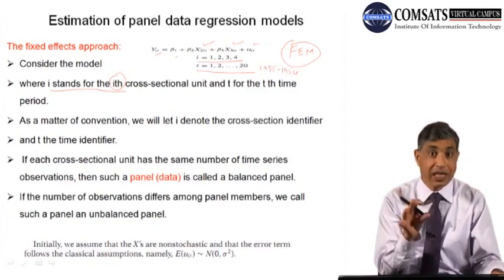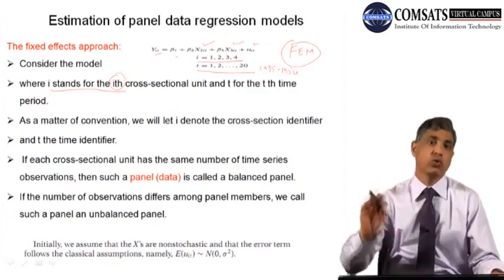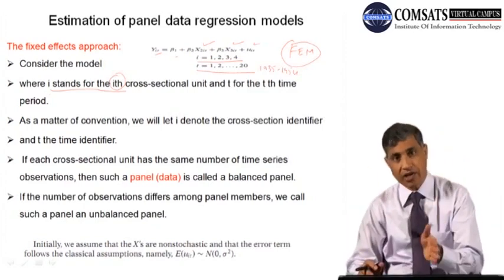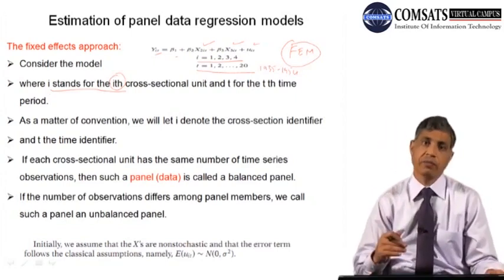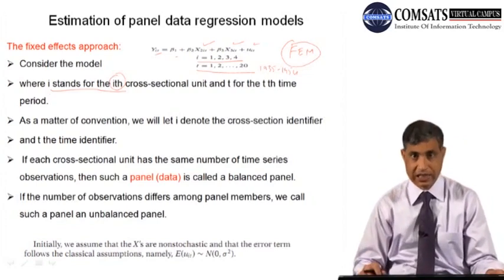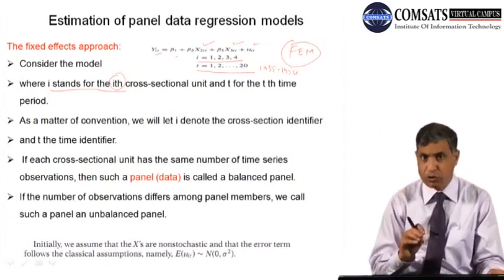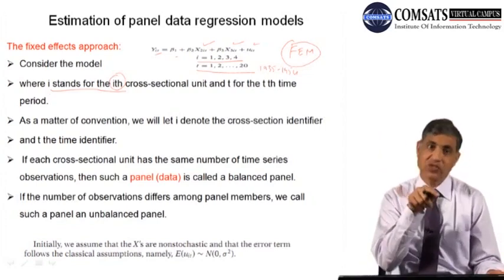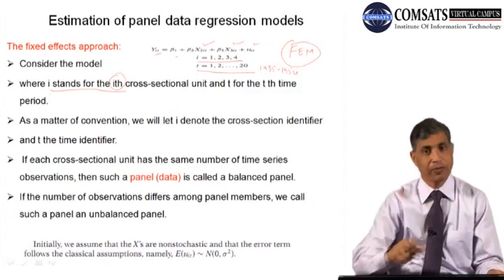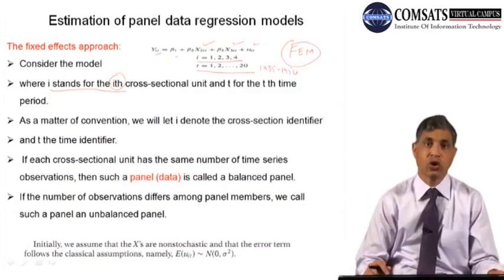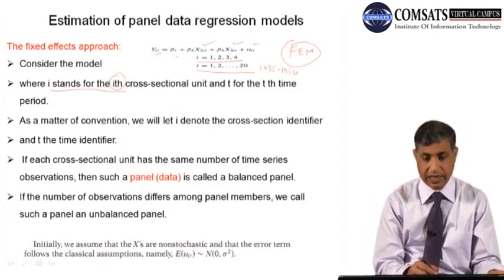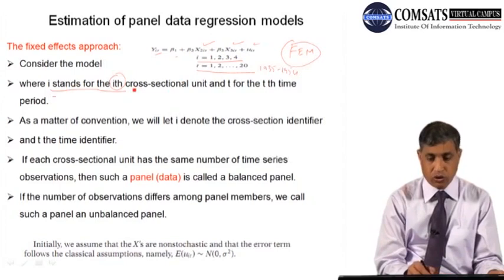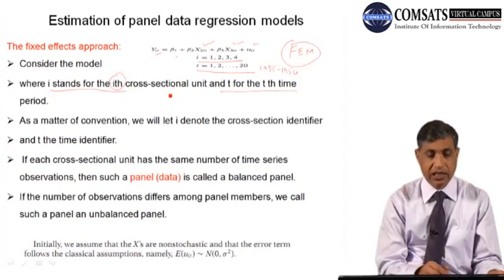Again, keep in mind that this is my arrangement. It is not some sacred arrangement that you should always follow. You can say that i1 is Westinghouse, and it never affects your model, as we saw in the case of dummy variables. You will come to know, interestingly, that at the end I will be calling it indirectly the least squares dummy variable technique. And t stands for the time period.